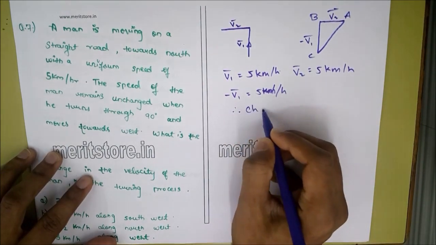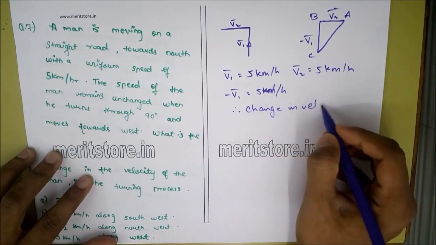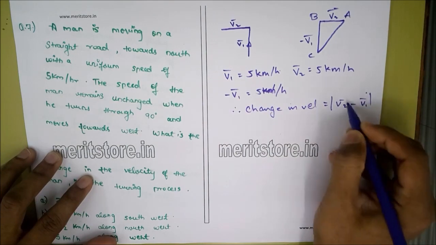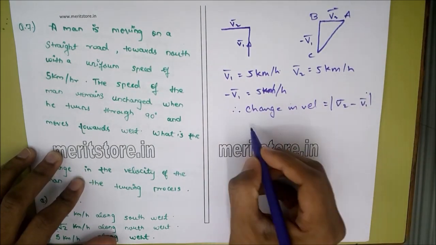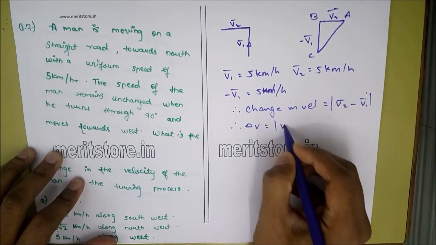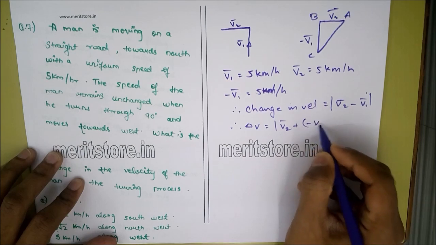Therefore, change in velocity is given by V2 bar minus V1 bar. So delta V can be written as modulus of V2 bar plus negative of V1 bar.